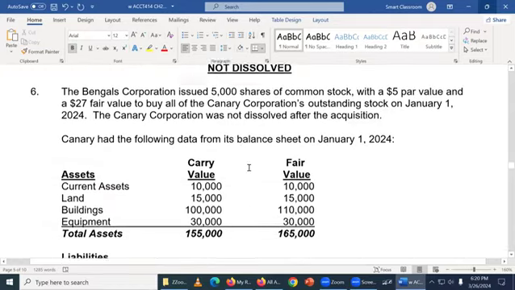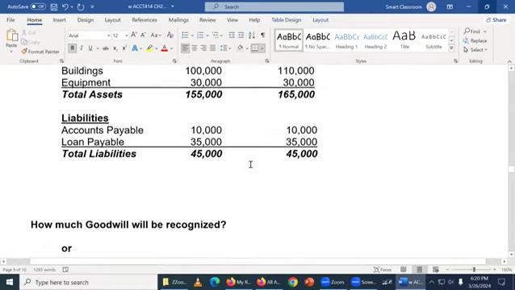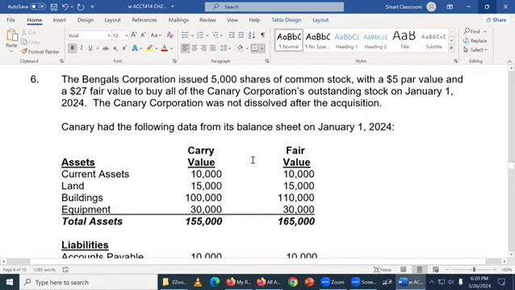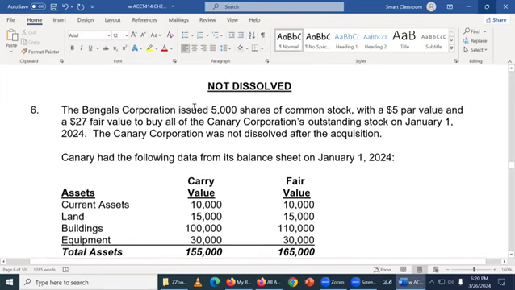Okay, let's go to number 6. Did we do number 6 or no? No, we didn't. Okay, number 6 is a little bit different, and it has to do with shares of stock.